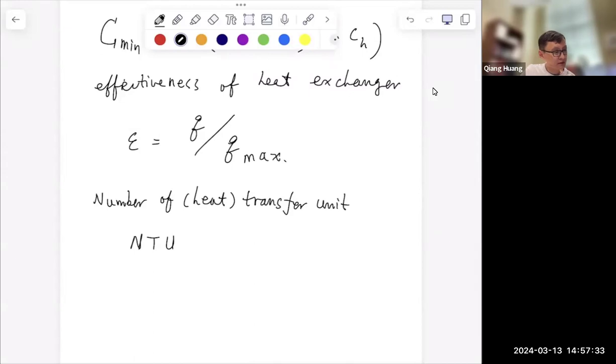NTU, number of transfer units, is defined as the ratio of the total transfer coefficient times the surface area over C minimum. As you can see, this ratio correlates to the heat exchanger design, which is the surface area in the numerator.